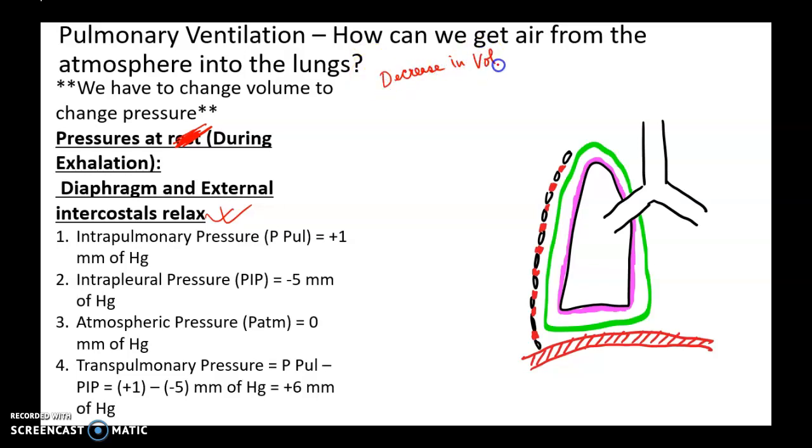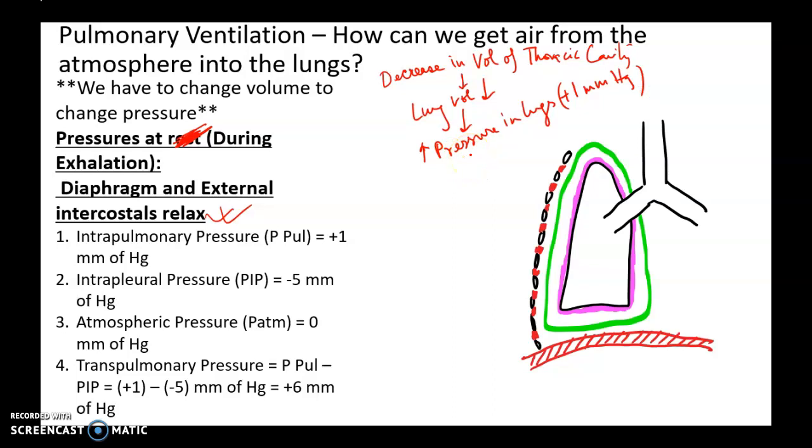When that happens, what happens to the volume of lungs? Lung volume goes down. If lung volume goes down, what happens to the pressure inside? The pressure inside the lungs gets high, so high pressure in lungs, and that is actually about +1 millimeter of mercury.